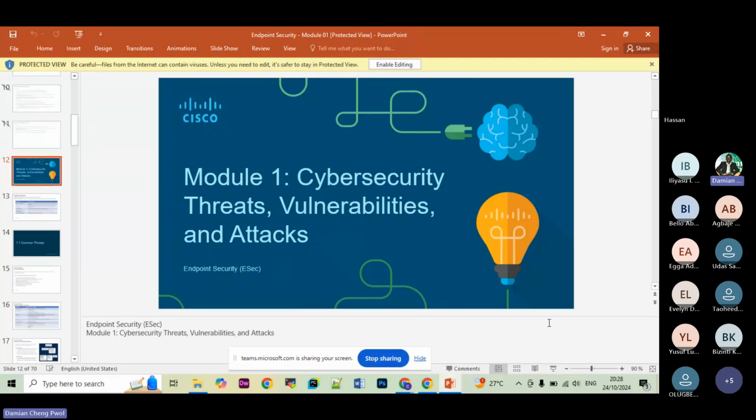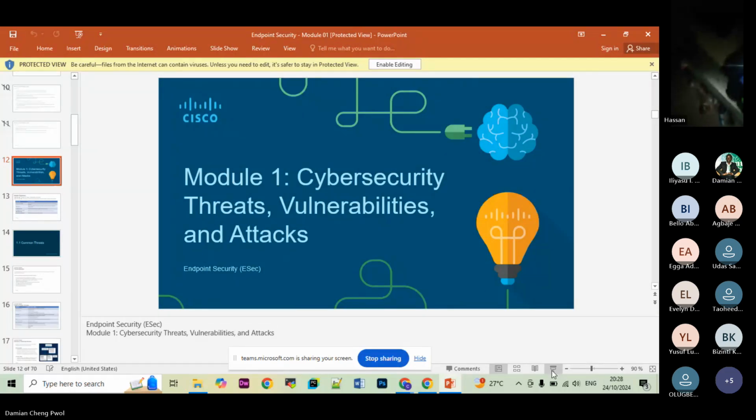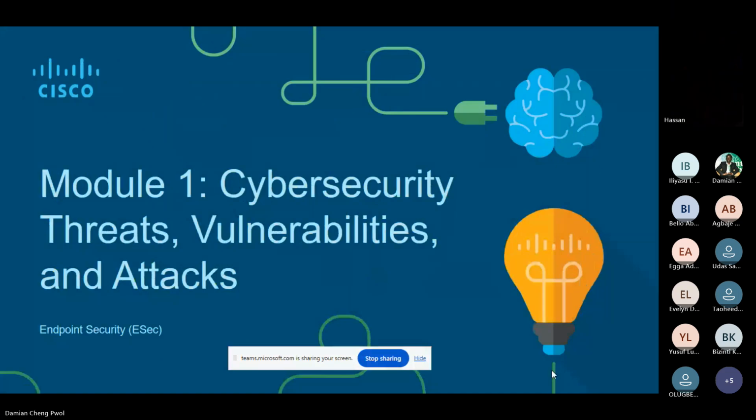So we start with module 1. In this module, cybersecurity threats: threats, vulnerabilities, and attacks.